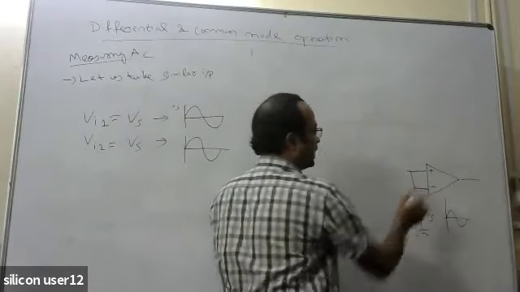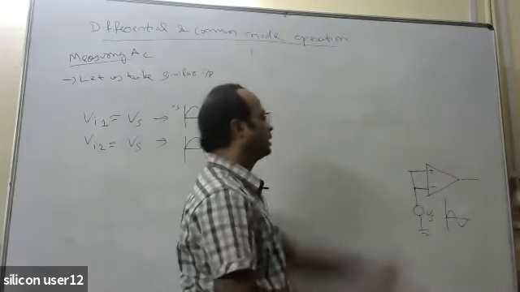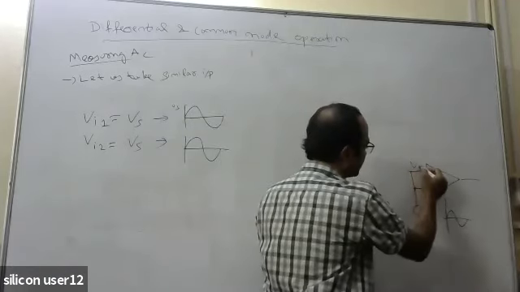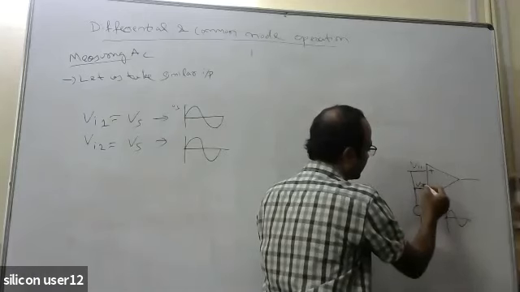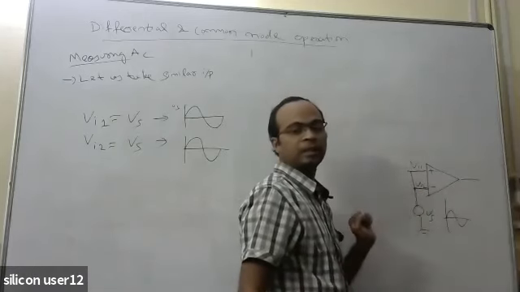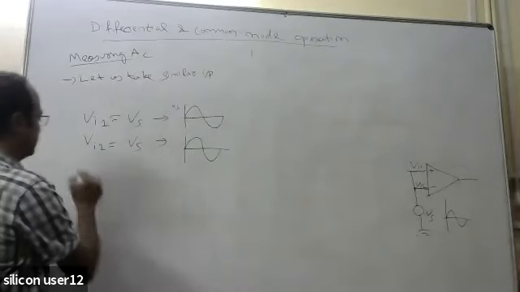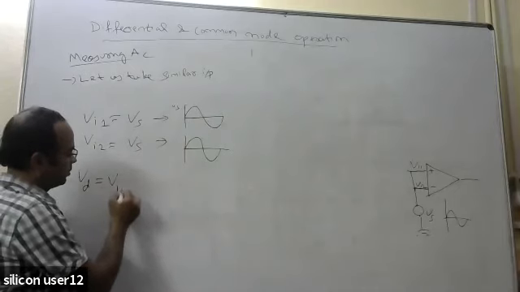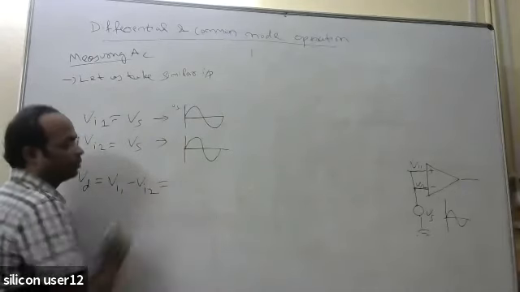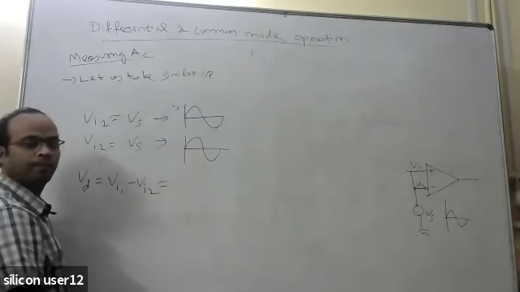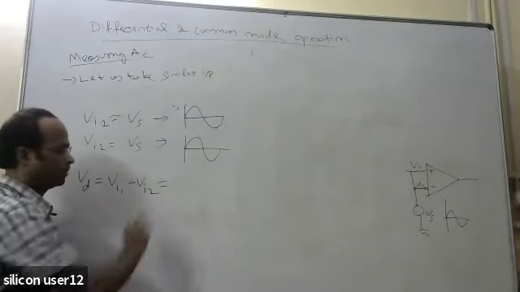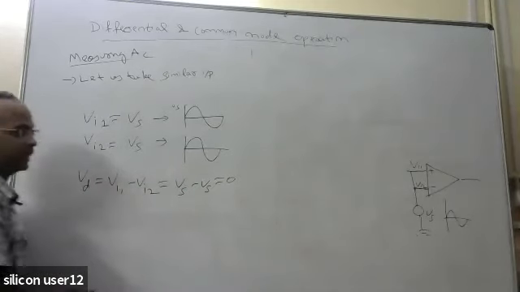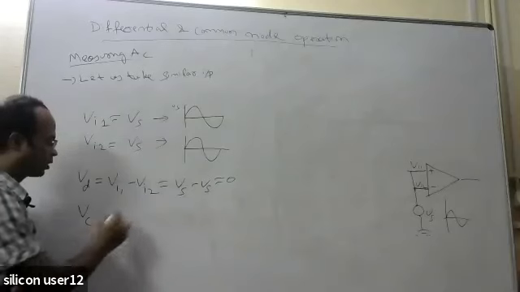Okay, so in this scenario, what is the difference between Vi1 and Vi2? Suppose the source signal is given, and here I am calling it Vi1 and here Vi2. So how much is the difference between the two? The differential component equals Vi1 minus Vi2. So that will be what? 0, sir. Vs minus Vs equal to 0. Okay, and what is the common component?